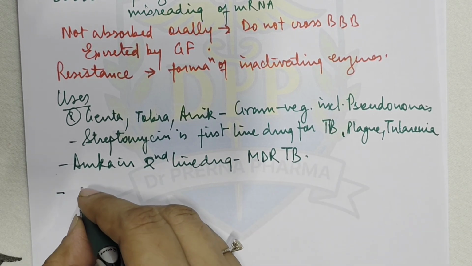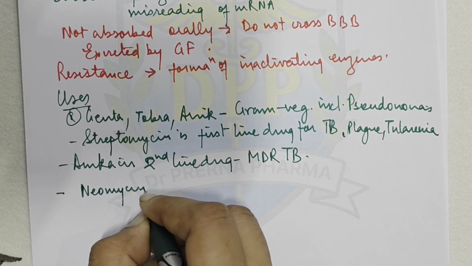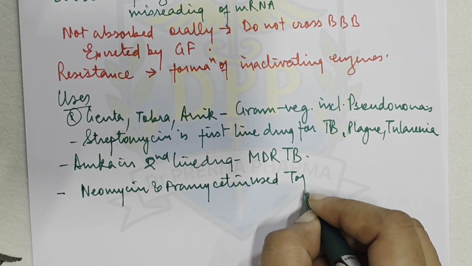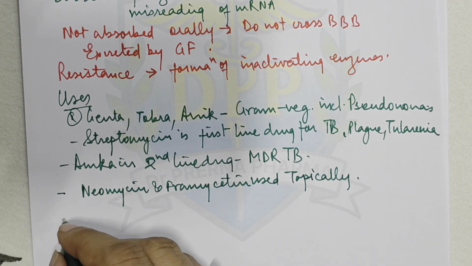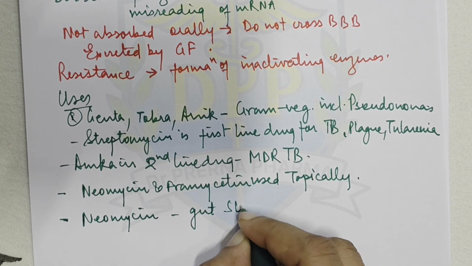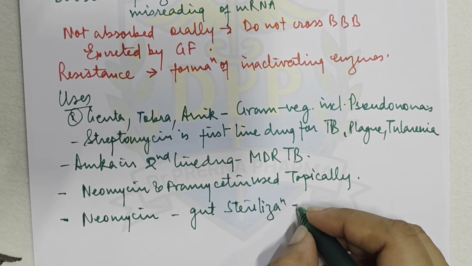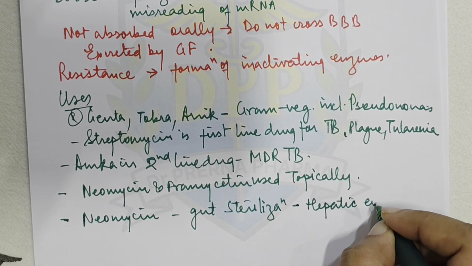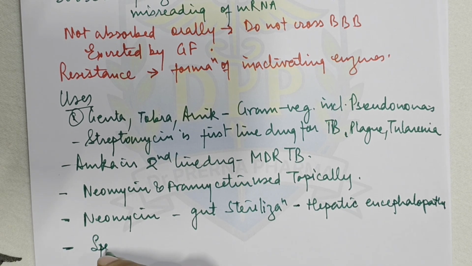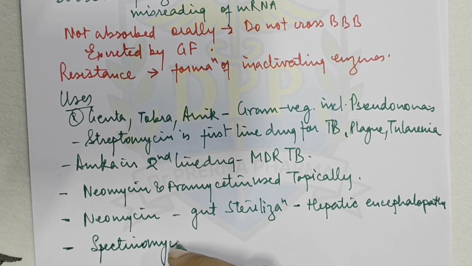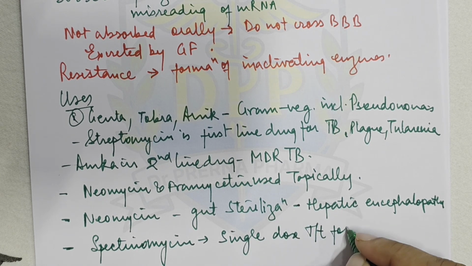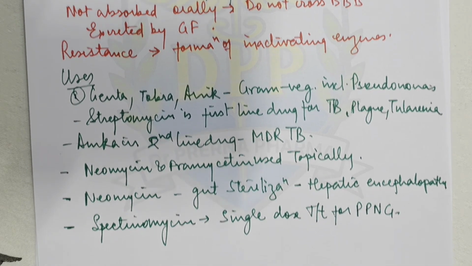Okay. Then neomycin and framycetin are used topically only because they are very toxic. Then neomycin can be used in gut sterilization, in hepatic encephalopathy. Okay. Next is spectinomycin. It is used as a single dose treatment for penicillinase producing Neisseria gonorrhoeae. Right.